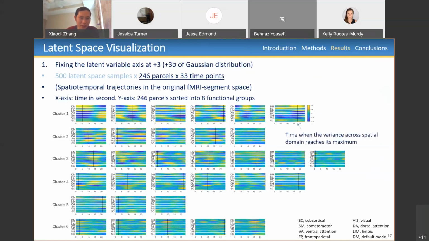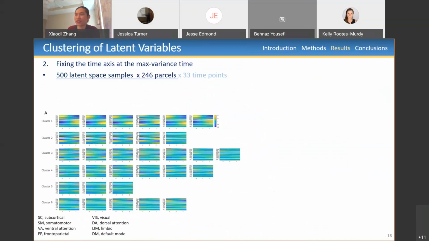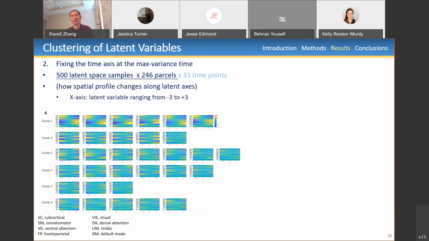And this can be better seen in the second figure, where we just fix the time axis at the max variance time that I just described earlier. So this time I'm showing you how the latent space samples vary. I'm sorry, how the spatial profile will change along the latent space. So this time the x-axis shows the latent variable, whereas the y-axis shows different locations of the brain.